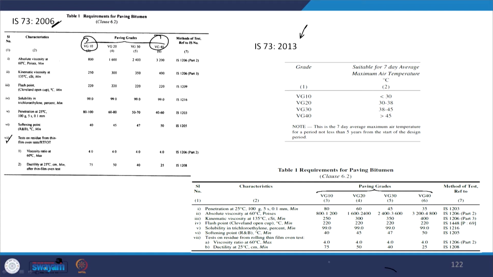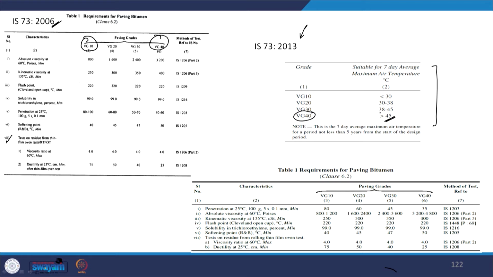In 2013, they gave additionally this table where based on the 7-day average maximum air temperature of the location where we are doing the construction, you can choose the appropriate binder. For example, if 7-day average maximum air temperature is more than 45 degrees Celsius, then you have to use VG40.